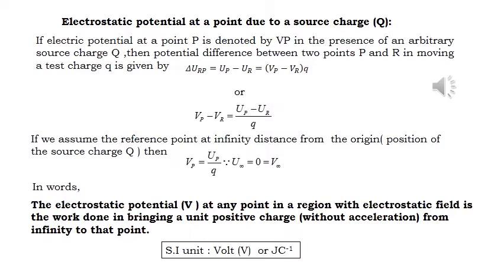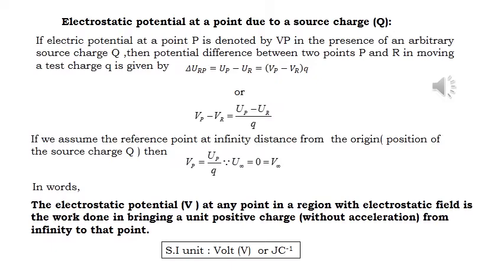The same mathematical statement converted into words: the only difference is that instead of bringing a test charge, we bring a unit positive charge from an infinitely large distance to the arbitrary point P with respect to a source charge Q. So the electrostatic potential V at any point in a region with an electrostatic field is the work done in bringing a unit positive charge without acceleration from infinitely large distance to that point.